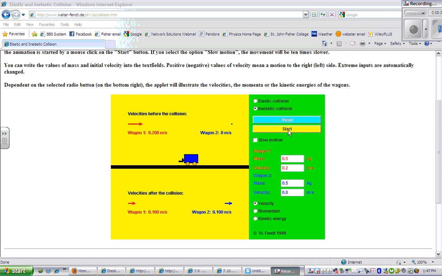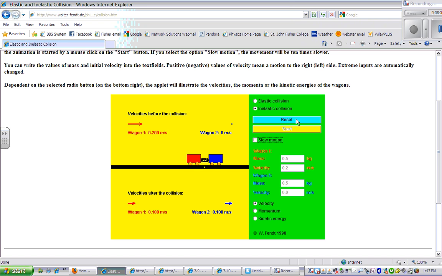If you want to put this in your notebook, you can pause the video and write these down. Here's an example of a perfectly inelastic collision. You'll notice the velocities of 0.2 meters per second and 0 meters per second, so wagon 1 and wagon 2 have those velocities. See what happens to the velocities after they connect. After the collision, you can see down here that they go at 0.1 meters per second.